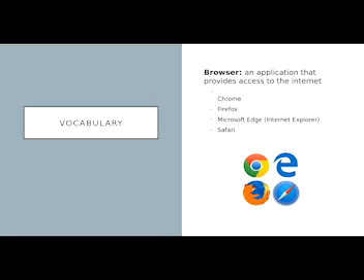Essentially what they do is provide access to the internet. So you open it up, and it has the screen and the web address bar and kind of like a window. When you type in that web address or you click on that link, it's going to show up in that window. And that's how it provides access to the internet.